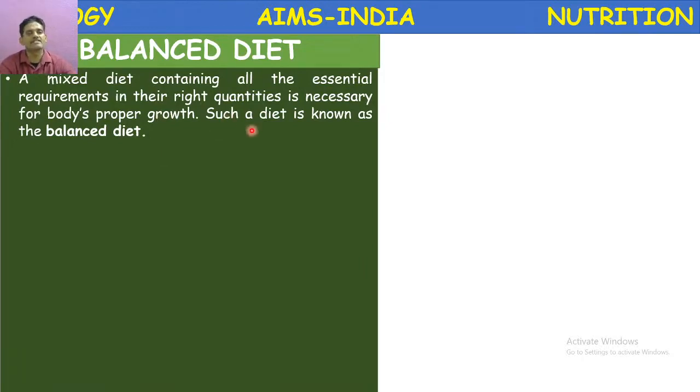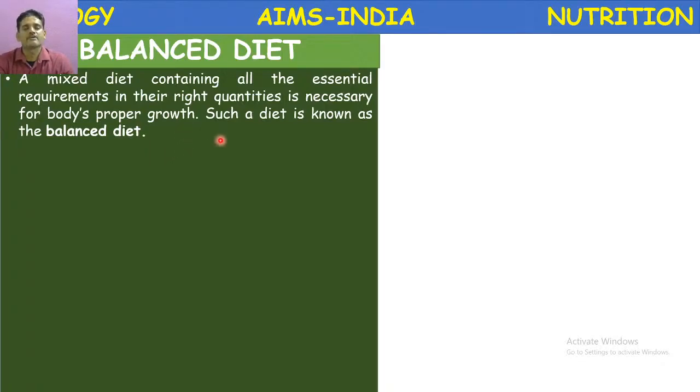What is a balanced diet? A mixed diet containing all the essential requirements in their right quantities is necessary for the body's proper growth. Such a diet is called a balanced diet, or a diet which fulfills all the nutrients.